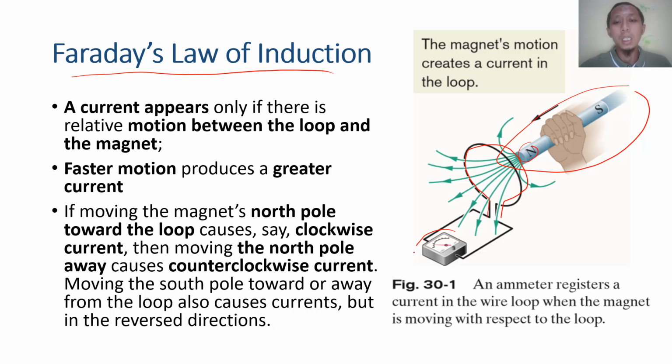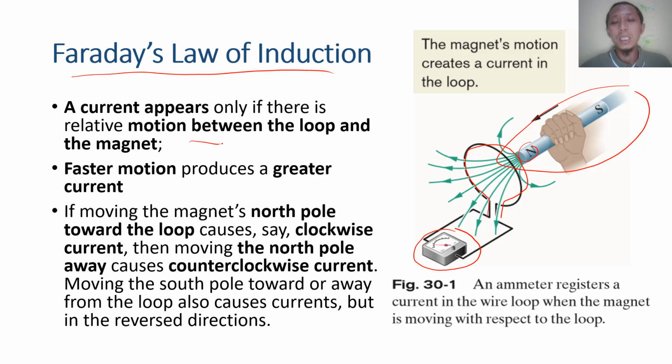If we move a permanent magnet or an electromagnet through the wire loop, a current will appear. If we connect the wire to an ammeter, we will notice that there is a current in the wire. So the current appears if there is relative motion between the loop and the magnet.